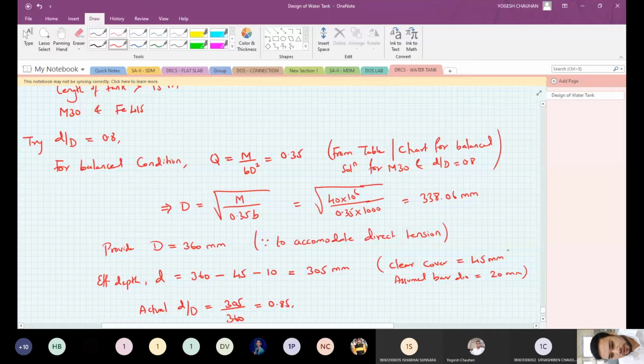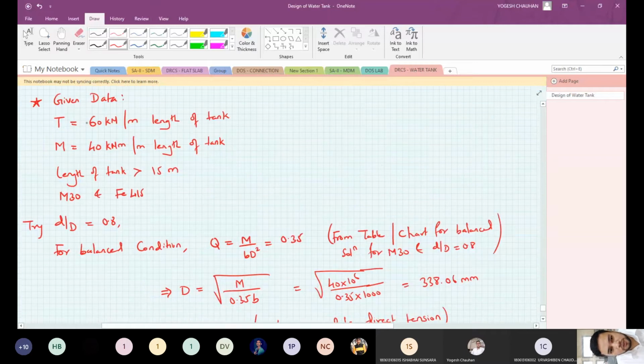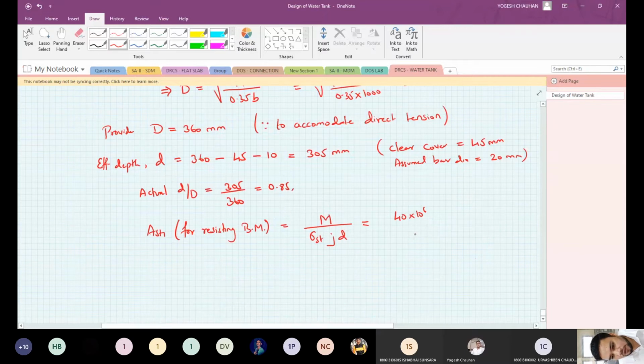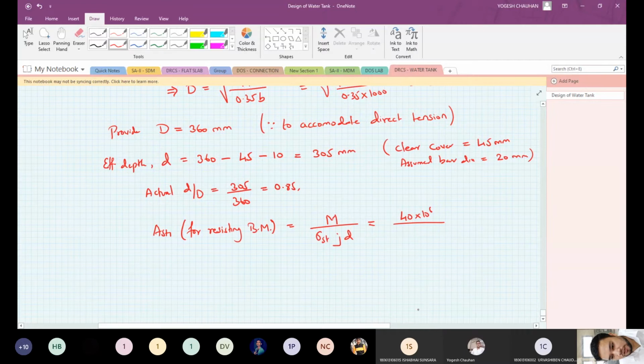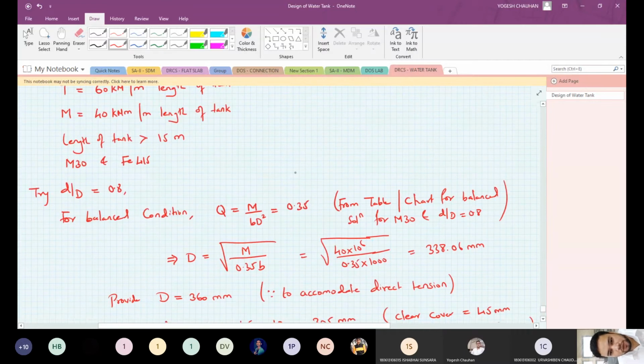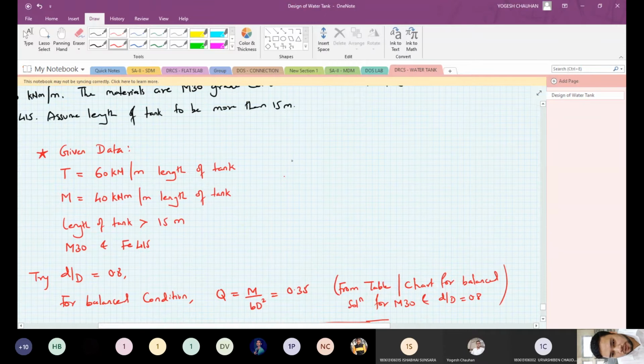This value divided by sigma st for M30 grade. For M30 grade, you can write parameters here.